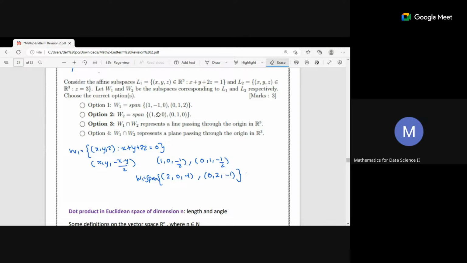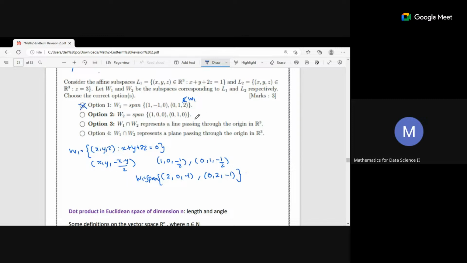First of all, does 1, minus 1, 0 belong to this subspace or not? No. 0, 1, 2 is there in the subspace, but only this element is not there in your W1. So this cannot be the answer.